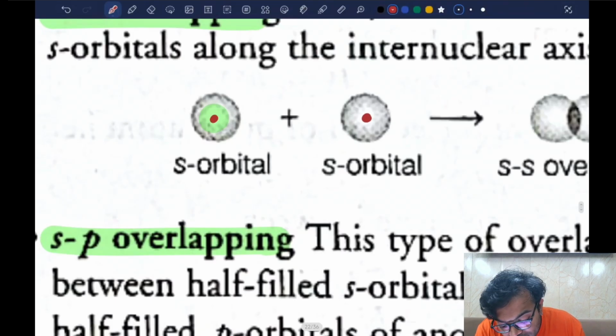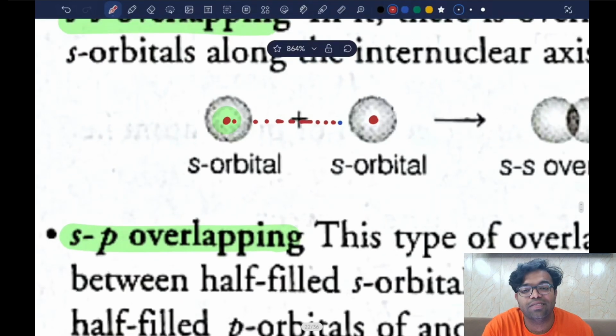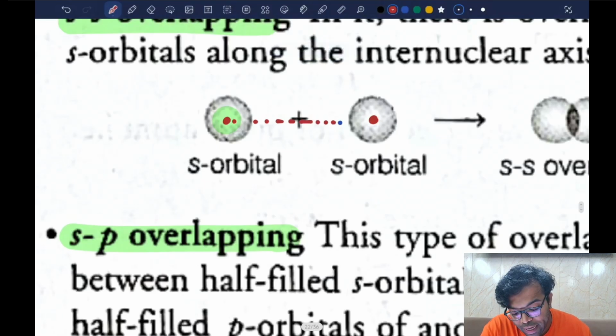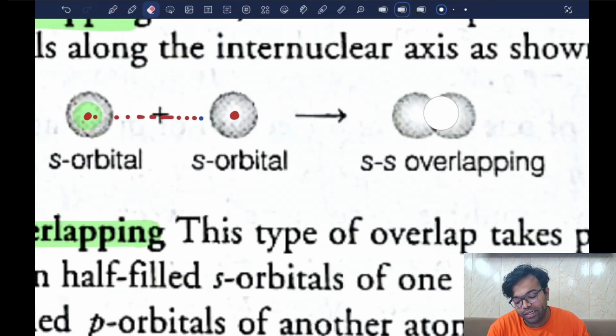Yes, exactly. The center of the s orbital is where the nucleus is actually present. Because in the center the nucleus is present, the axis between the two nuclei is where the bond is being formed. This is known as the internuclear axis. There is an overlap that is taking place here. This is how the overlap actually takes place.